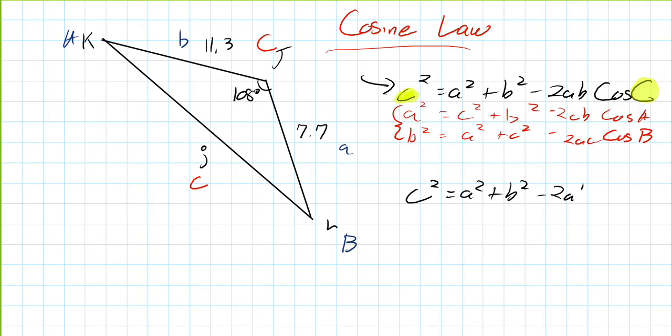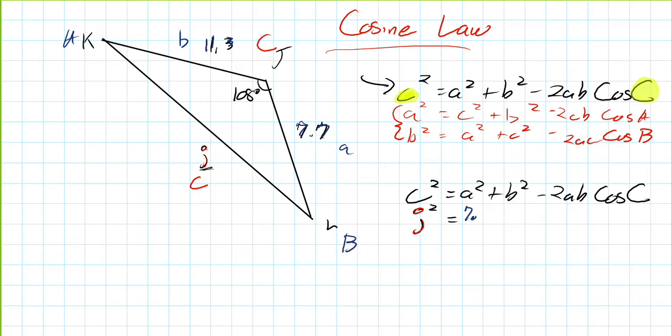It's a lot of just substituting. Because we've set this up very well, I can plug in the letter J for C. Here we go, J squared. Still called C squared, it makes no difference. Side B was 11.3 and side A happened to be 7.7.